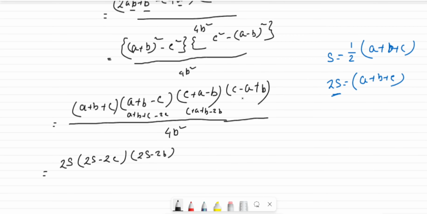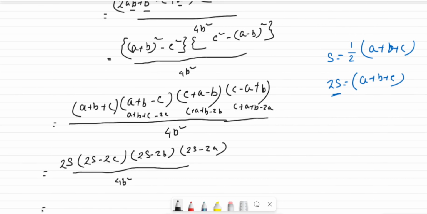And similarly, c minus a plus b means c plus a plus b minus 2a, so it will be 2s minus 2a, by 4b square, right?